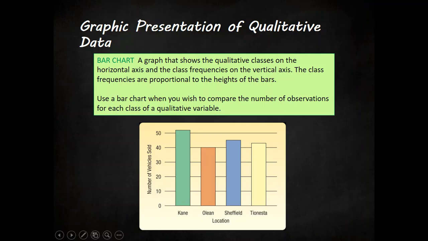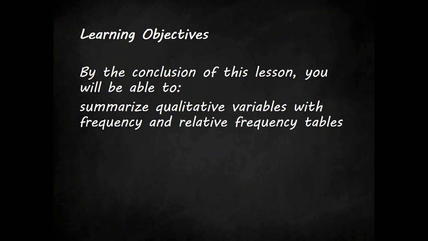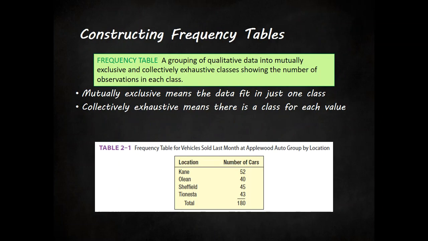Okay, so getting back to that, that is a pie chart. A pie chart shows the proportion or the percentage of each class as compared to the total number of frequencies. So the whole circle is 100%. And remember we said mutually exclusive, and the other thing we said was collectively exhaustive.